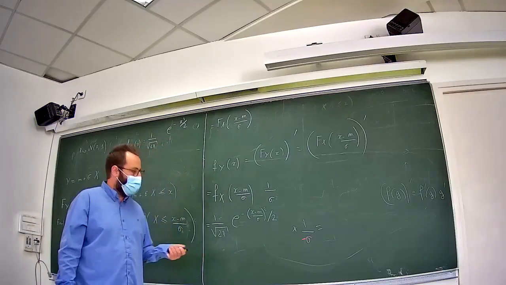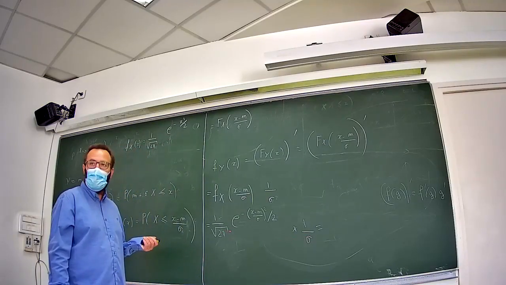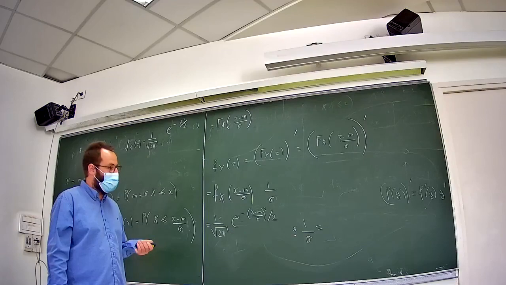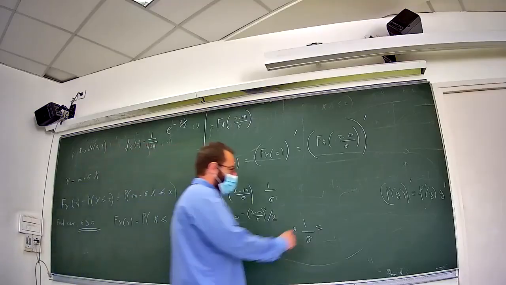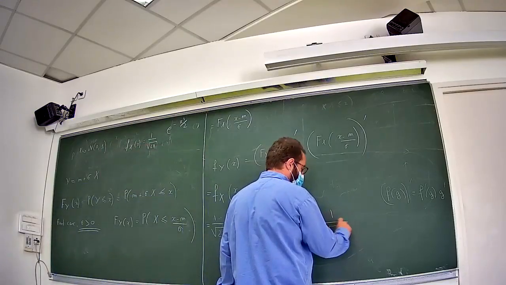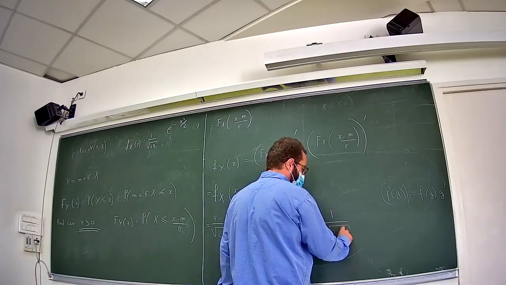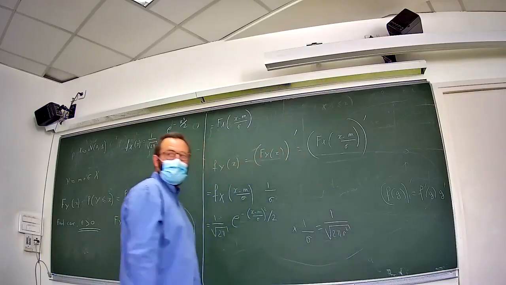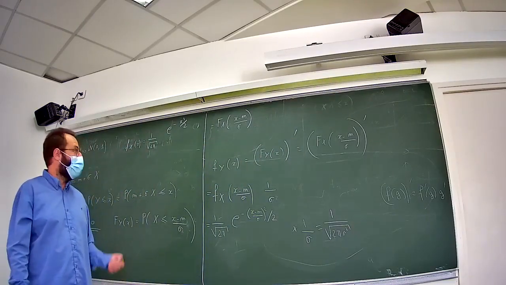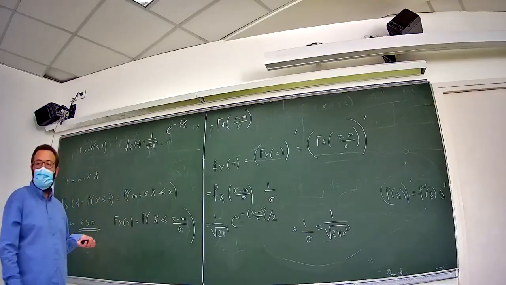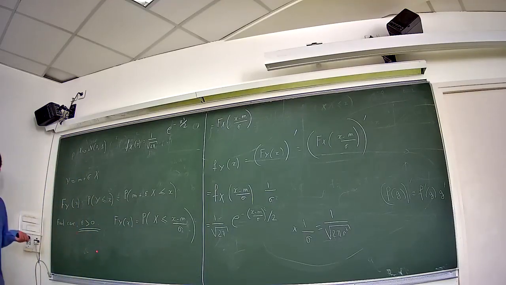I can make sigma enter the square root, because sigma is strictly positive. I have to put a sigma squared in the square root. So I have 1 over the square root of 2 pi sigma squared, because the square root of sigma squared is the absolute value, which in this case is sigma, because I have supposed sigma to be strictly positive.